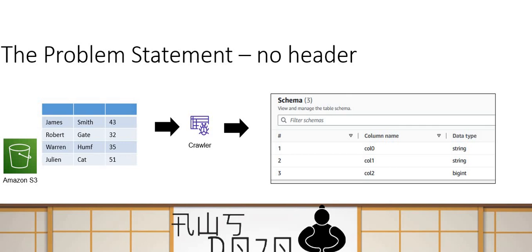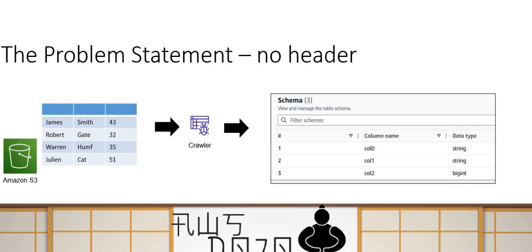And in the second scenario, you might want to generate a proper column name, not col 0, col 1, or col 2. Well, one way to fix the problem is that you put the header name in the beginning as the first row, and I will always recommend that as a method. But if that is not possible, then let's talk about what you can do.